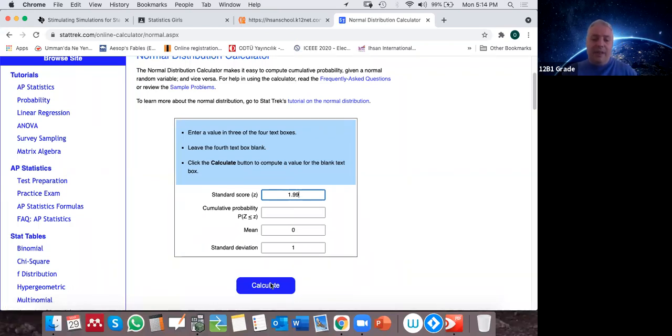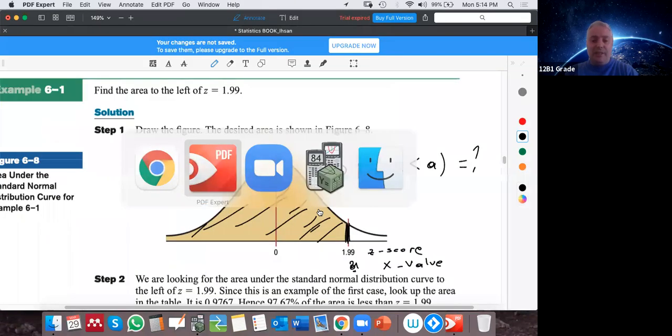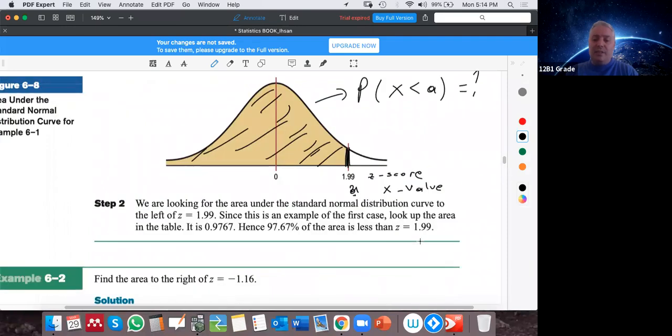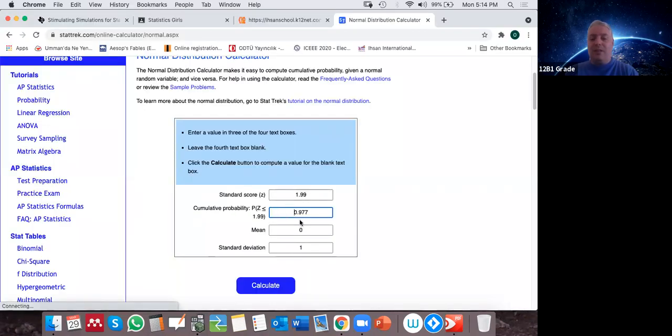And then when I say calculate, it says 0.977. So check it. What is the answer of this? It says 0.977. When I round this, 6 over 7, it becomes 0.977. So the result comes out like this.